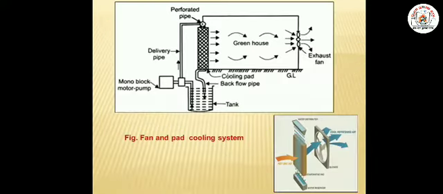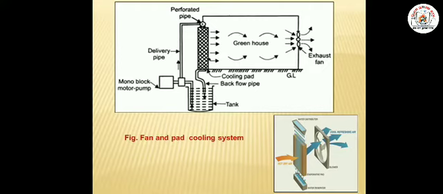Here, in this fan and pad cooling system, this diagram shows the fan and pad cooling system. Every fan and pad cooling system consists of two main components, that is the cooling pad. It is made up of either charcoal or khus, or different kinds of dried grasses, or cellulose paper having a structure like honeycomb.